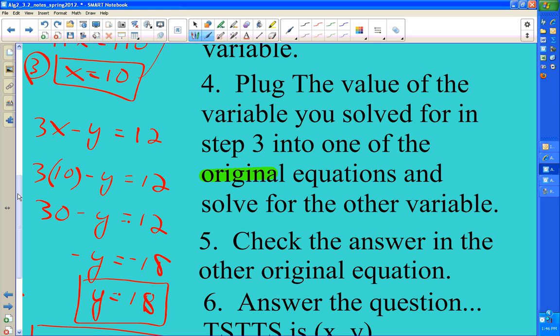Substitution method. Every single person in this room has done this before. And you're not going to see anything new on substitution. How do you know, if you're given the choice, you got a system, how do you know it's going to say solve by any method you want? When do you graph it to solve that system? Here's a system, solve any method you want. When you're looking at the system, you go, oh yeah, I'm graphing this system.